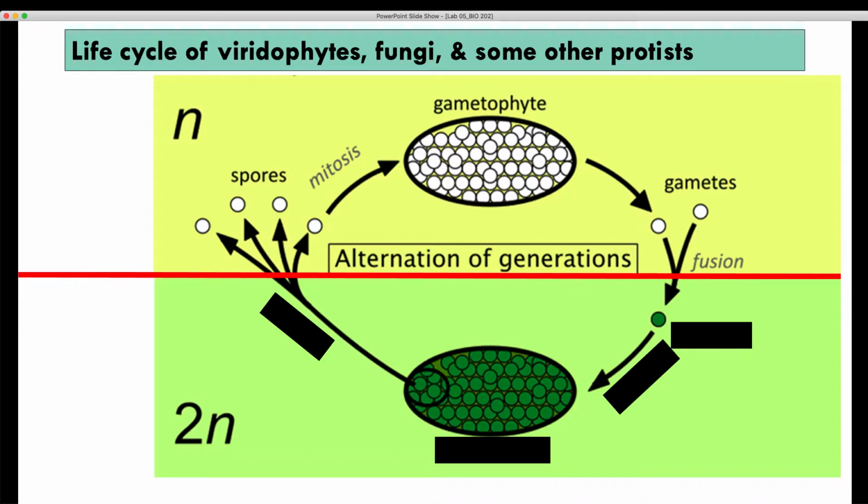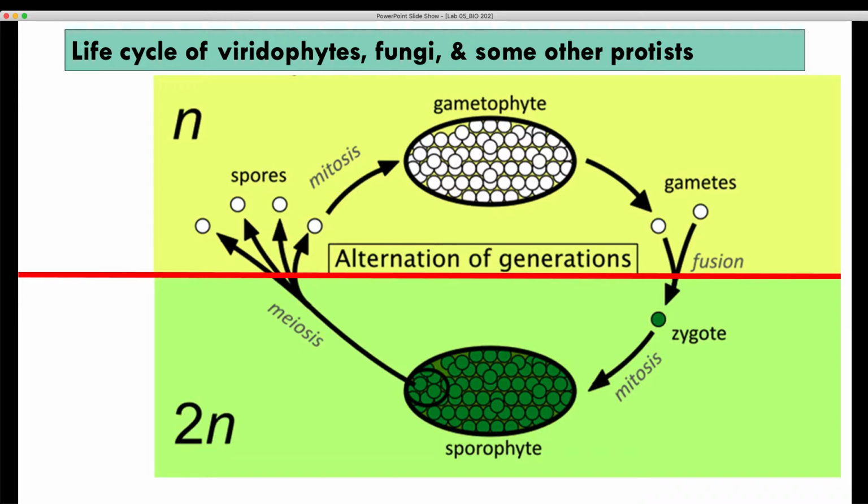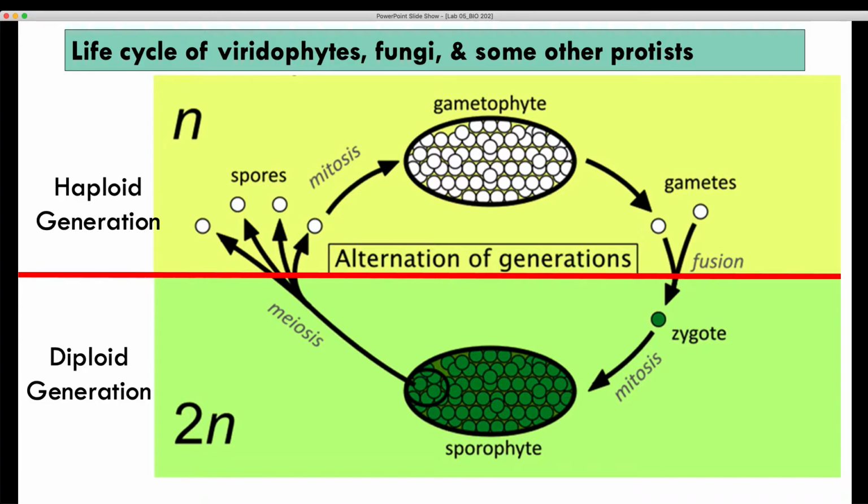They're going to fuse together and grow into a zygote. The zygote is going to grow larger through the process of mitosis. It's going to grow into a young sporophyte, which produces spores. Remember that the spores are haploid, and the only way to get haploid cells through cellular division is to do meiosis. Okay, so everything up top is haploid, everything below the line is diploid.